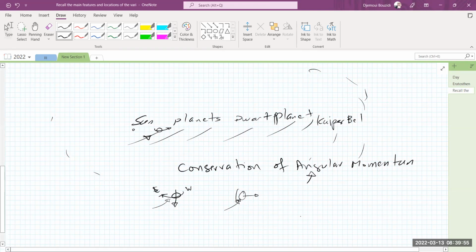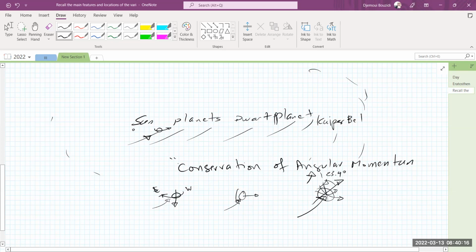In other words, the Earth is also going around the sun like this, but it's not spinning exactly in the same direction. It's spinning at this angle around this axis, which makes 23.4 degrees with respect to the plane in which it's revolving. So this is something that needs to be explained.